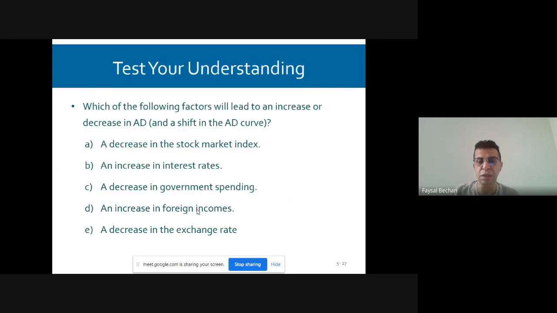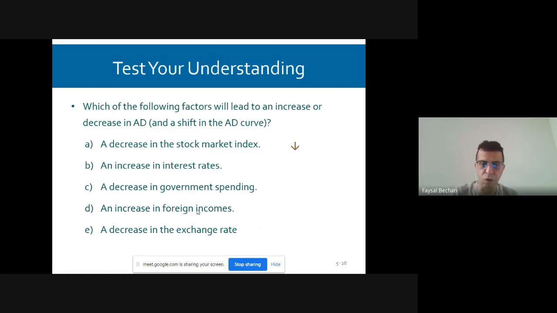So let's see whether you understood what aggregate demand and the shift in it is. A decrease in a stock market index will lower the aggregate demand, because a decrease in the stock means some money went out, went somewhere else, was destroyed, for example, the prices went down.